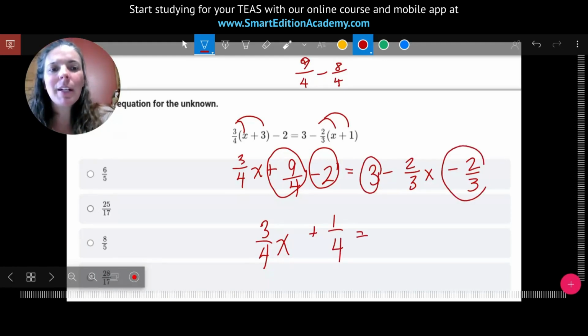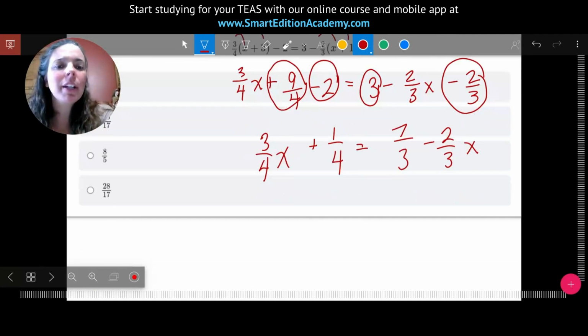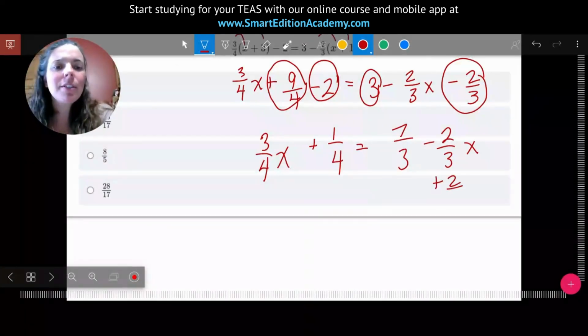Equals, and then on the other side, I can combine 3 minus 2/3. If I think about that, I need to rewrite the 3 as something over 3. So this would be the same thing as 9/3. So this would be 7/3 minus 2/3 x. Okay, so now I want to move my x's to the same side.